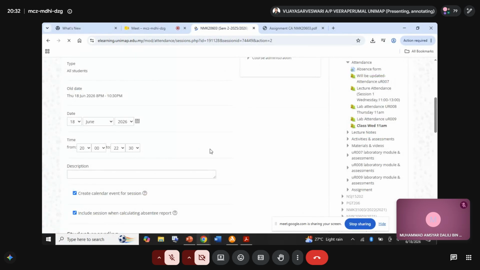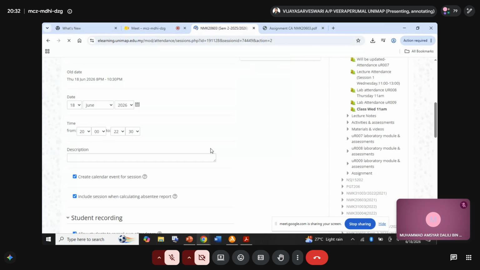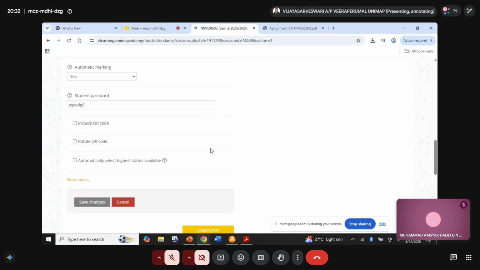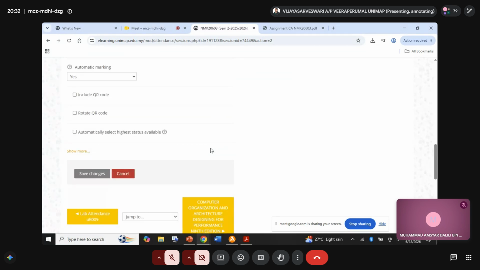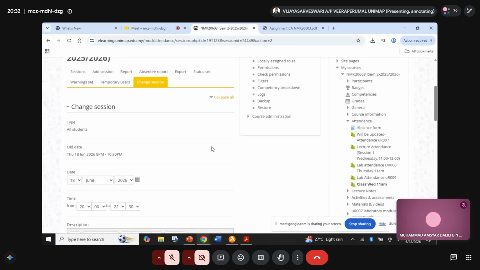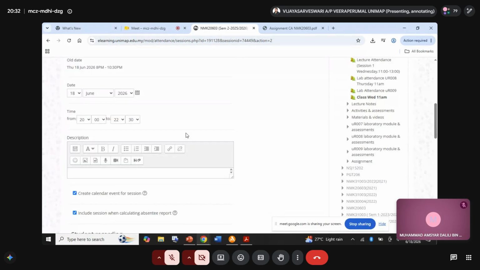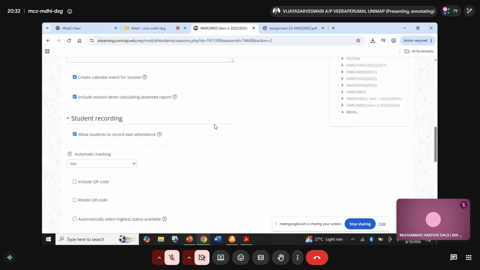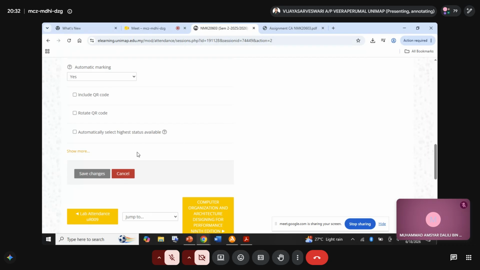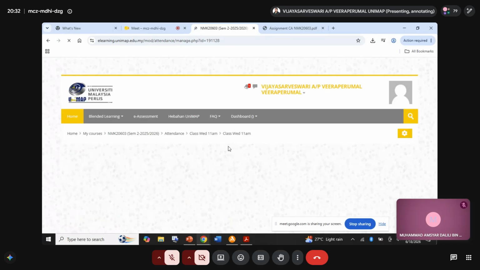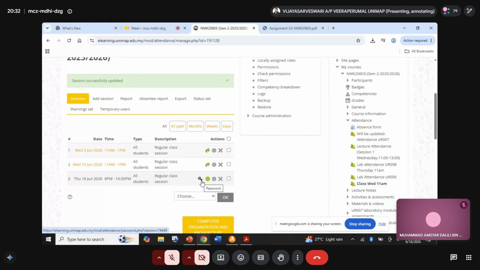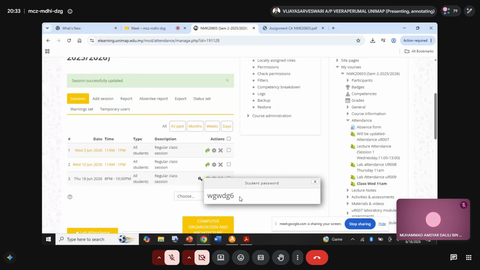Kenapa ada password lah? Oh, dia yang style baru ke? Okay, dia punya password ni WGWDG6. Betul tak? Boleh?